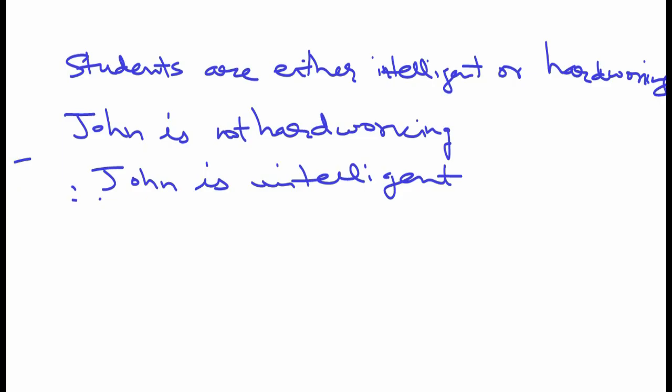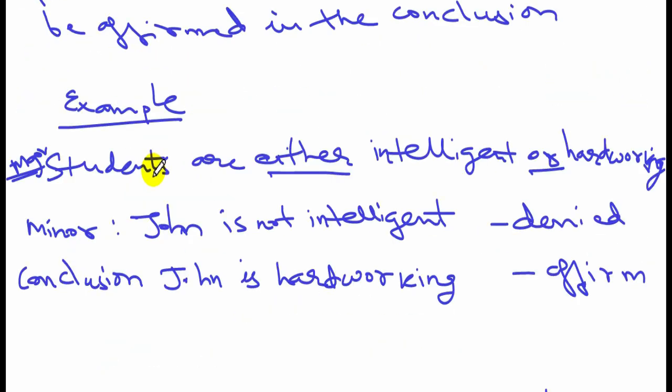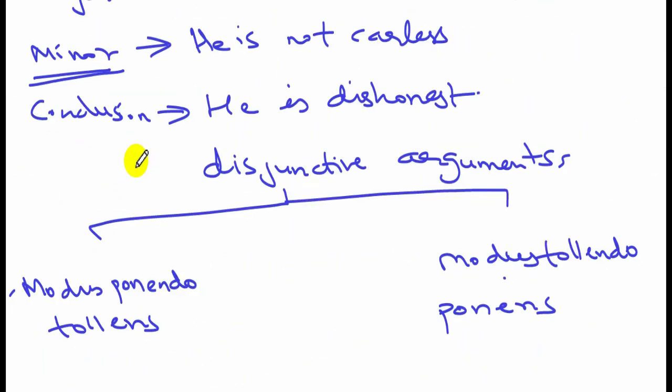The disjunctive arguments which obey this rule are said to be in modus tollendo ponens. So we had two types, modus ponendo tollens and modus tollendo ponens. When the denying part comes, of course we go to modus tollendo ponens.